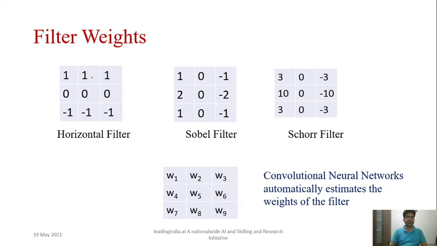There are many other filters available in image processing, such as the horizontal filter, Sobel filter, and many others. The question comes, from where will we get these weight values? Are these pre-decided? No, these are not pre-decided. We start with random weights.